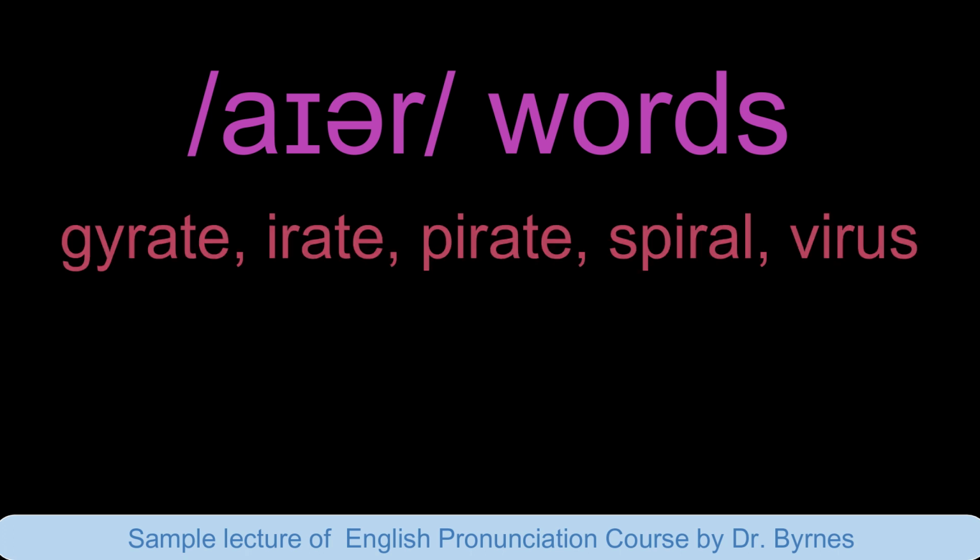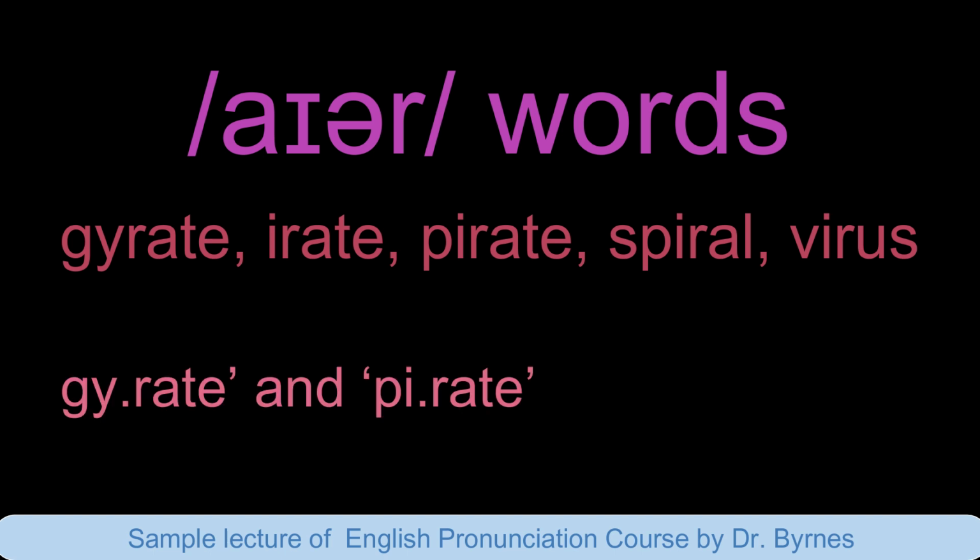In the following words, the R does not make the preceding vowel an R-colored vowel. Gyrate, irate, pirate, spiral, virus. That is, you don't say gyre-ate or pyre-it, but gyrate and pirate.